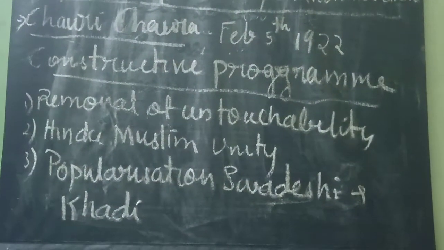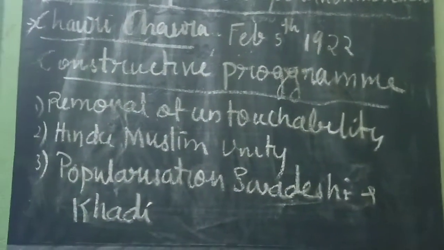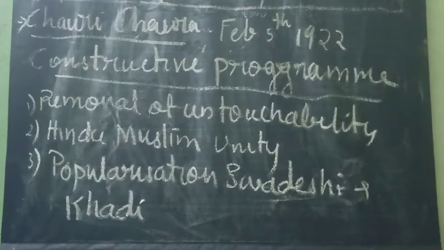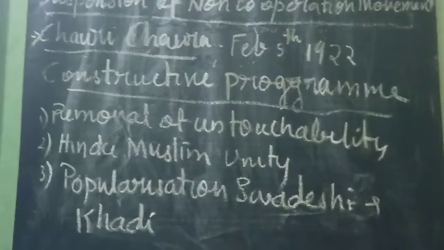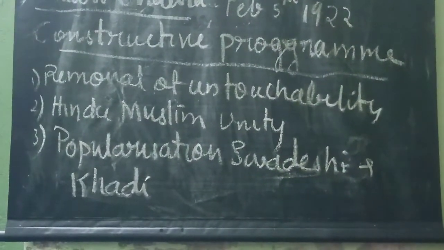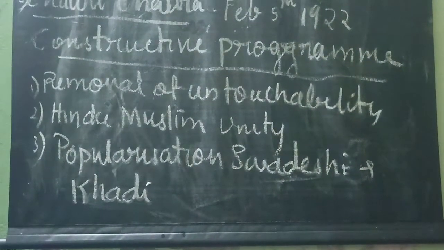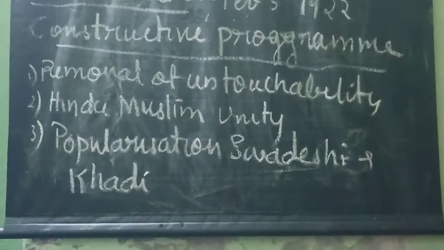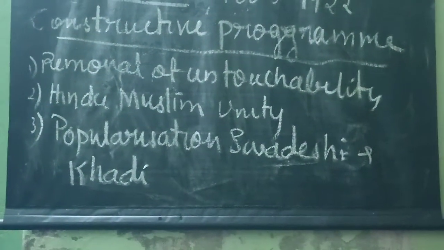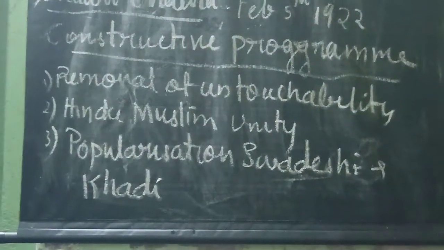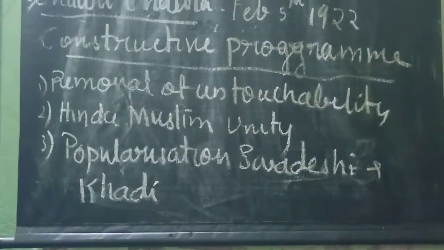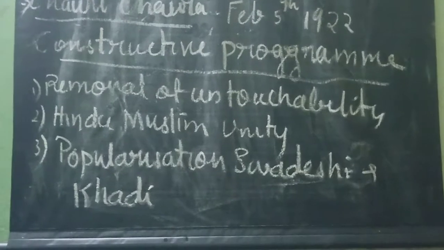So Gandhi suspended the law-breaking part of the movement and asked the Congress people to pay attention to the constructive program. What are the various activities of this constructive program? Mainly three things were planned. First, removal of untouchability.